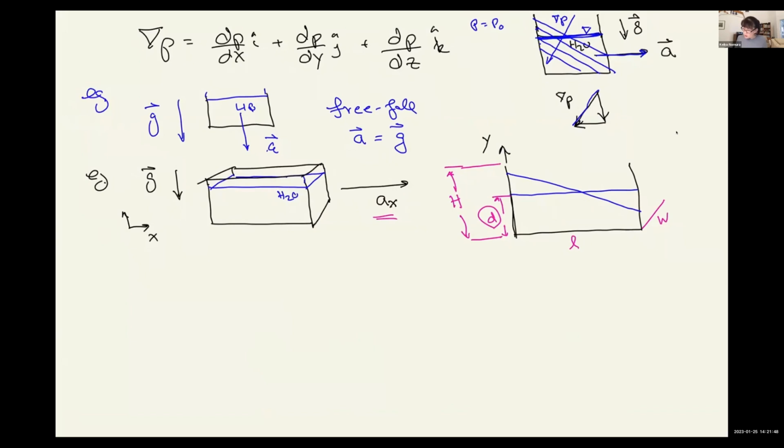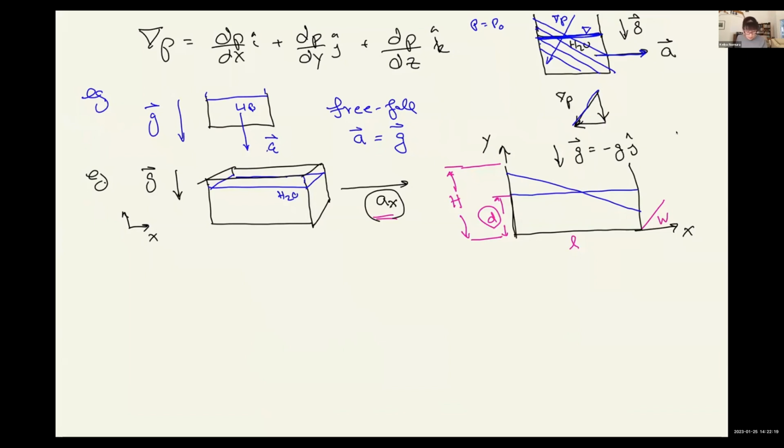So let's just consider the 2D problem. Y is vertical and X is horizontal, and we'll be considering acceleration in the X direction, and then the gravity vector is going to be minus g, g being the magnitude, in the negative Y direction. So minus j, the unit vector in the Y direction.